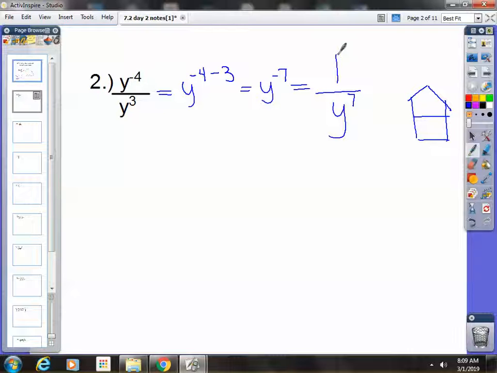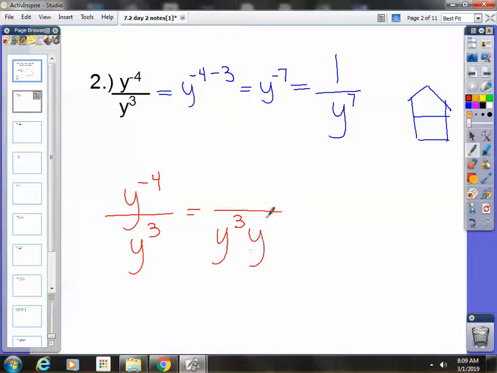Let's try it the other way. y to the negative 4 divided by y to the third. So you might at first glance say, all right, the y in the numerator has a negative exponent, so he's living on the wrong floor. Where should he move to? He should move downstairs, shouldn't he? This y cubed doesn't have a negative exponent, does he? So he stays put, he doesn't have to move.